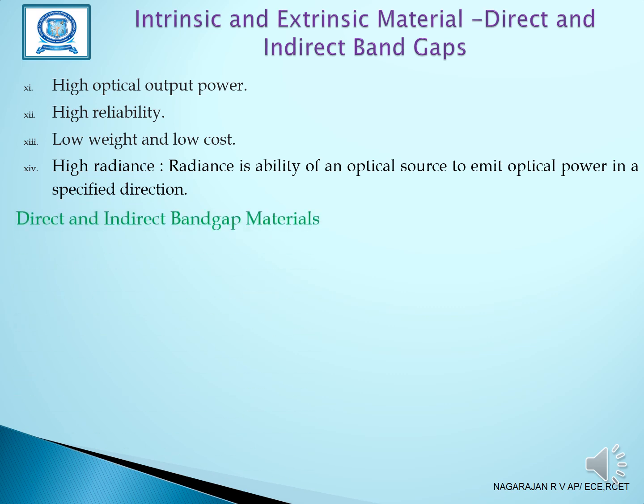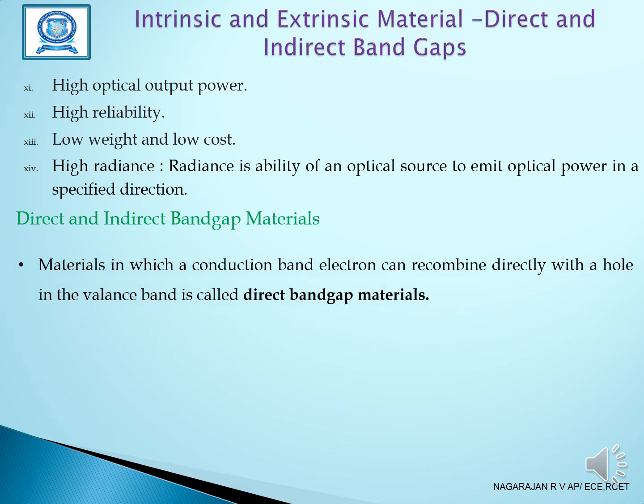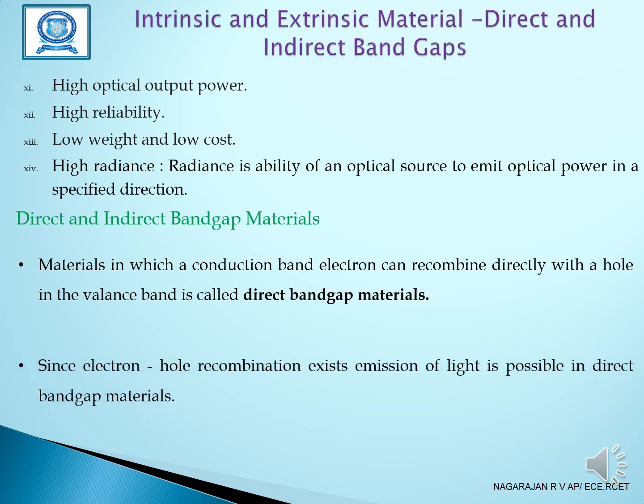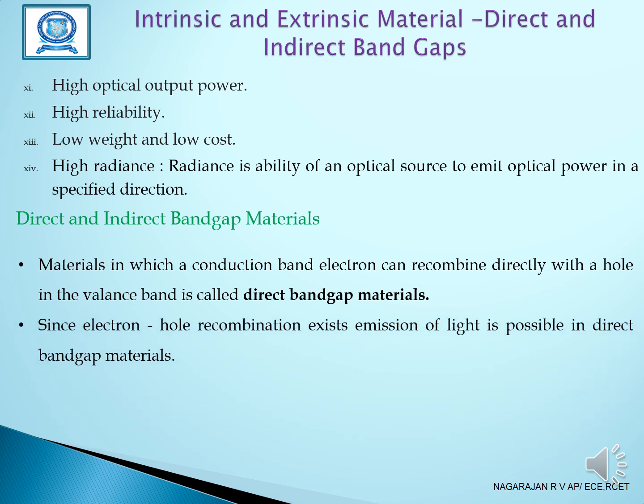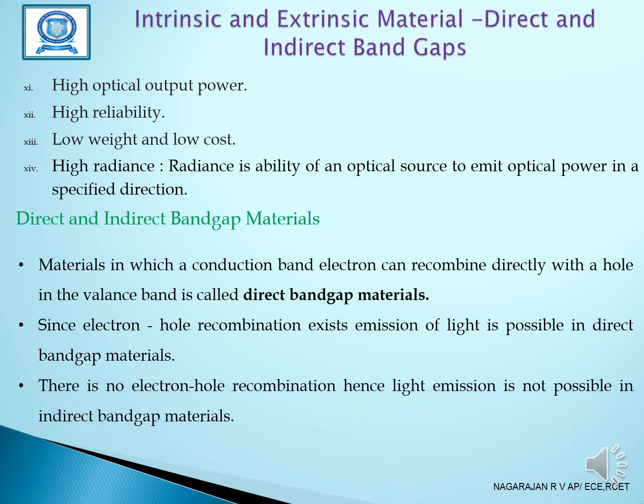Direct and indirect band gap materials. Materials in which the conduction band electron can recombine directly with a hole in the valence band are called direct band gap materials. Since electron hole recombination exists, emission of light is possible in direct band gap materials. There is no direct electron hole recombination, hence light emission is not possible in indirect band gap materials.